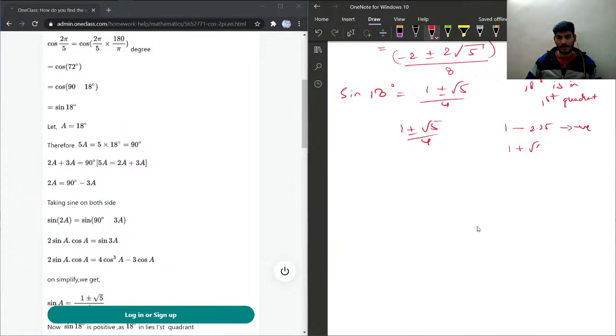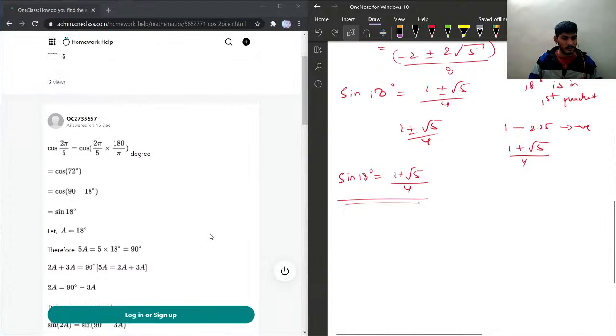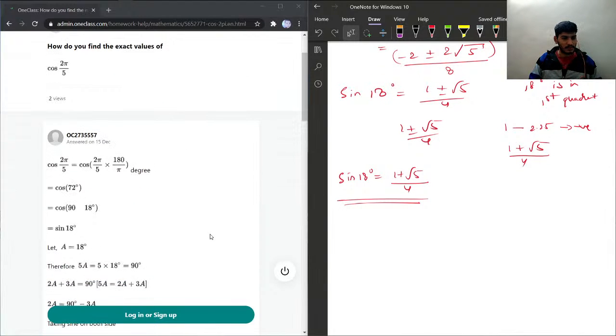I have to take minus 1 plus root 5 over 4 to keep my sign positive. And the question was cos of 2 pi by 5, which is sine of 18 degrees. So cos of 2 pi by 5 is root 5 minus 1 over 4.